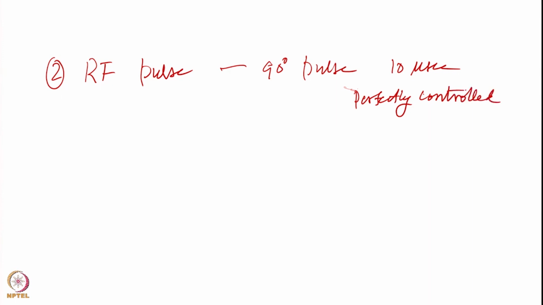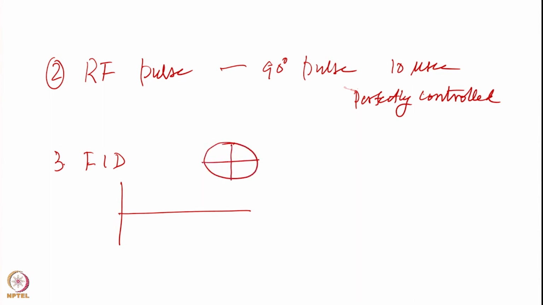Okay. And then the third part is the free induction decay, which we already saw, how it looks. So, we said there are two ways. If I monitor the Y component of the magnetization, so magnetization has come here after the 90-degree pulse.